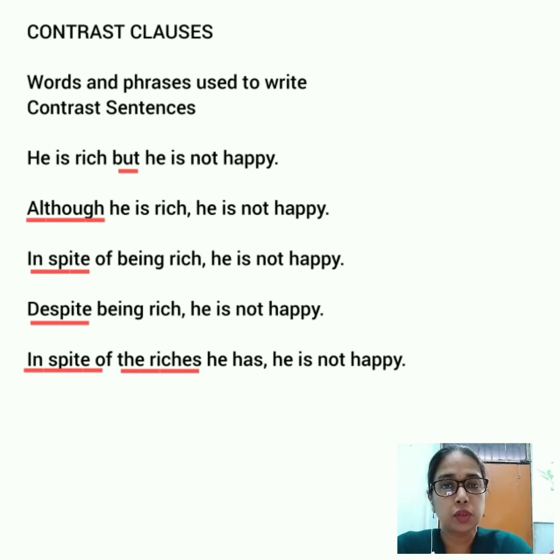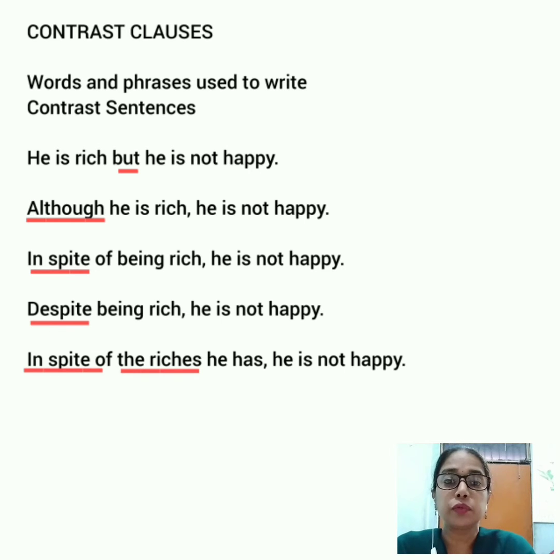Now instead of the comma you can also use the word yet with although. Like although he is rich, yet he is not happy. So the two clauses can be joined by yet also. Although and yet, they are pairs. Then instead of although you can also use the words though or even though.